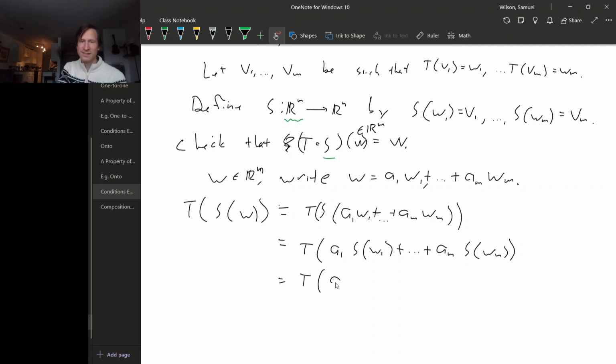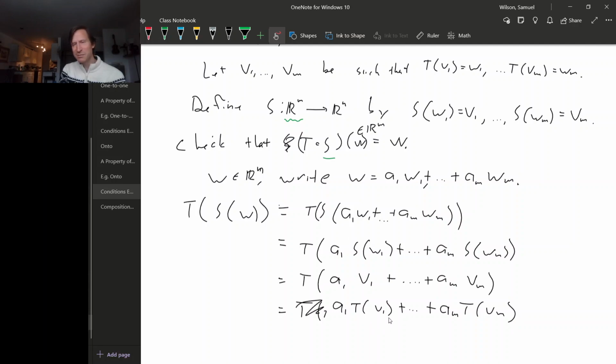Okay, but what is S of W1? Well, it's V1 just by definition, plus dot dot dot down to Am S of Wm, but again, that's Vm. But now we can use the linear transformation property of T. So this is A1 T of V1 plus dot dot dot down to Am T of Vm.